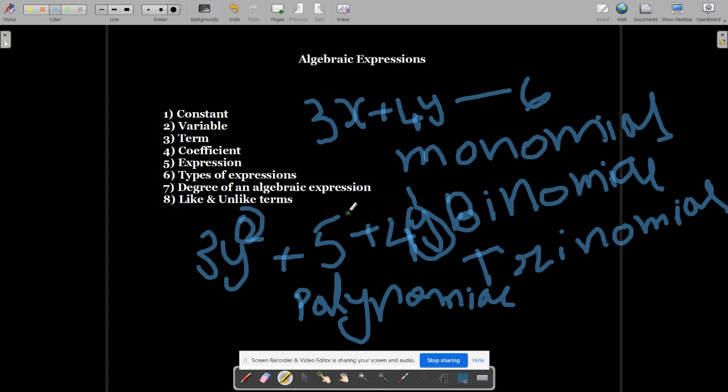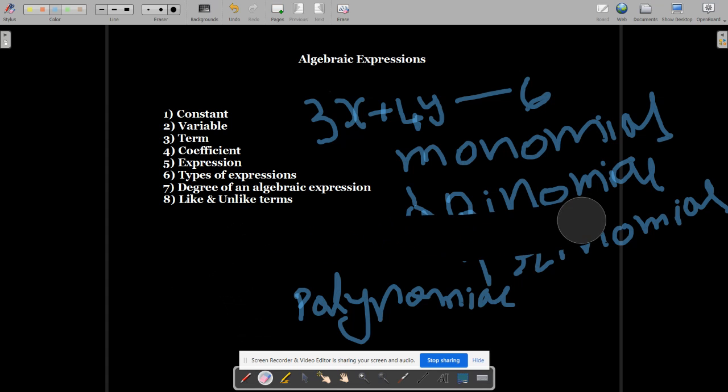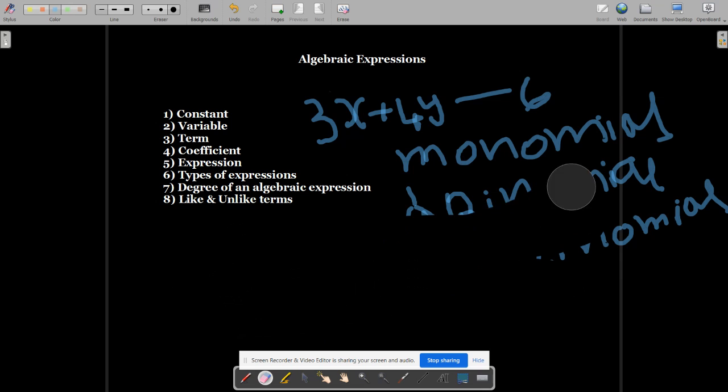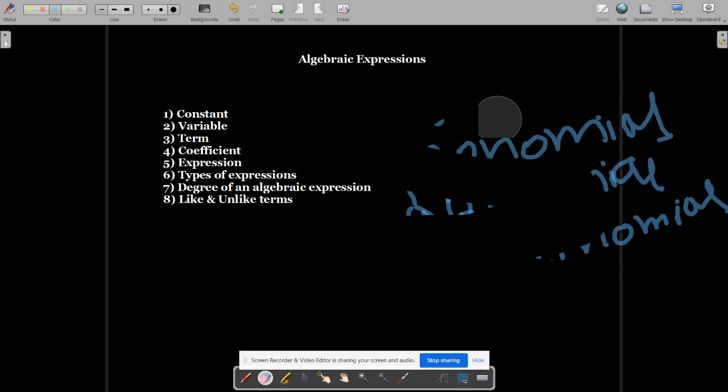Here nothing is there, so the power is 0. So which is the highest power? 2 is the highest power. So, the degree of an algebraic expression is nothing but the highest power of an expression.